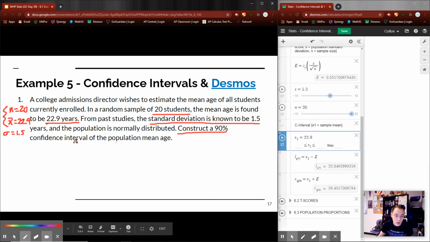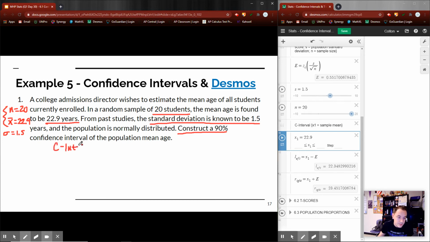So what is that interval? My confidence interval for 90%, just looking at my left endpoint, is 22.34, comma, 23.45. Let's just round to 2 decimal places here.